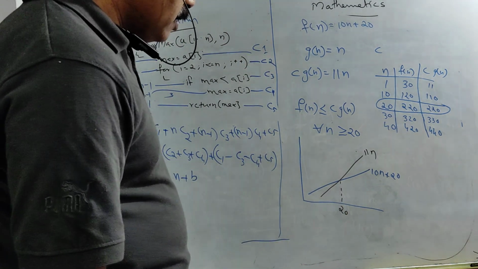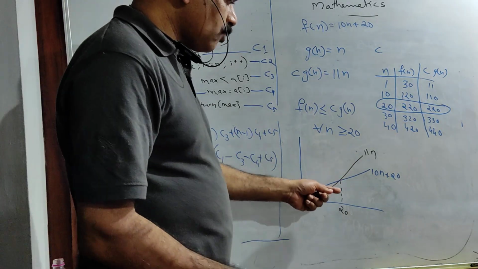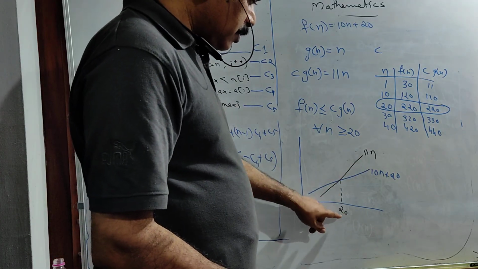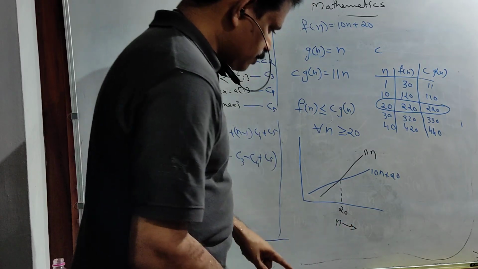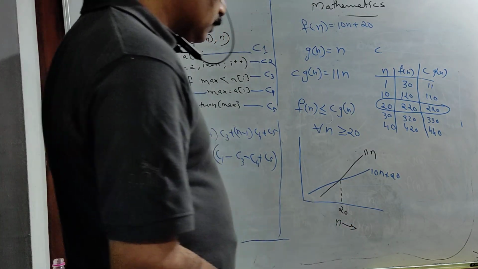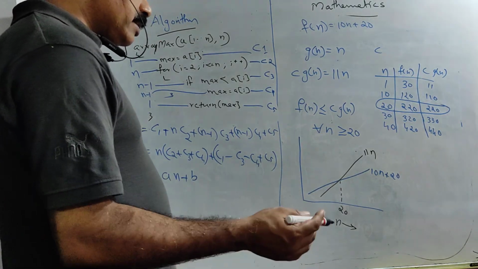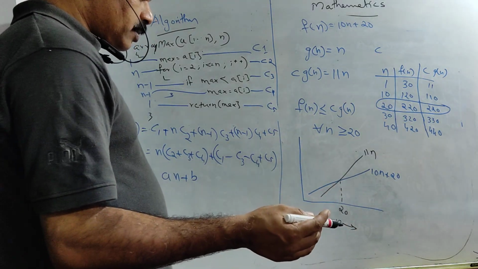Okay. This c into g of n, that is 11n, is always greater than or equal to 10n plus 20 for all values of n greater than or equal to 20. So beyond this 20, 11n is always greater than 10n plus 20.